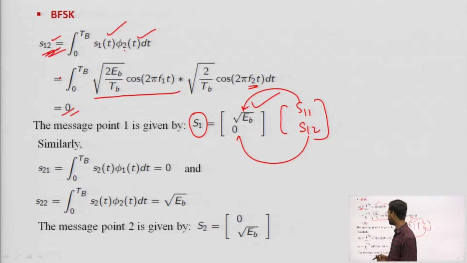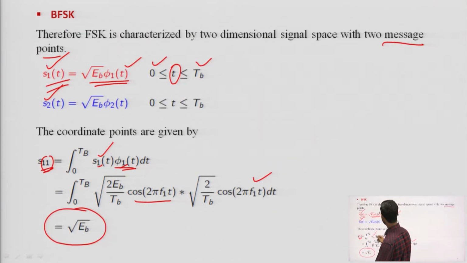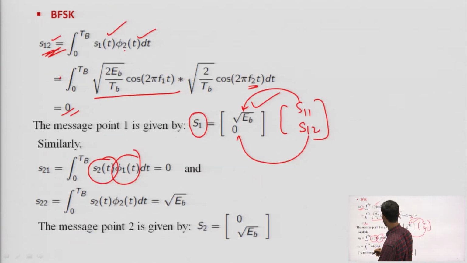Similarly, I can find S21, that is S2(t), your message signal, multiplied by the basis function phi 1(t). After multiplying, S21 would be 0.